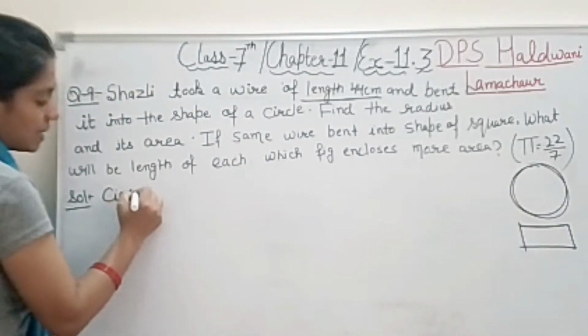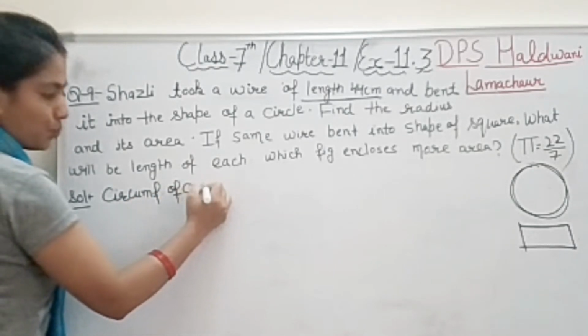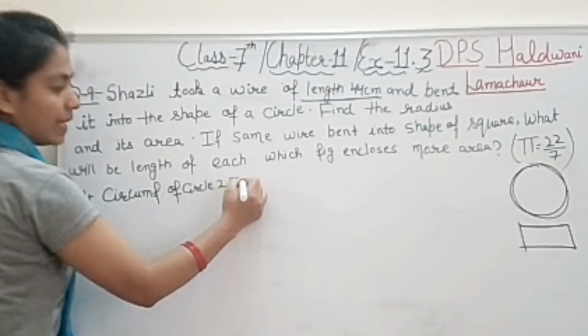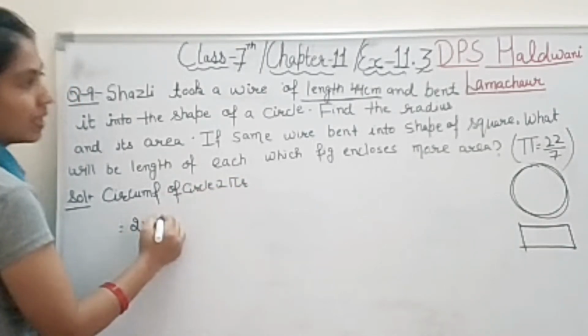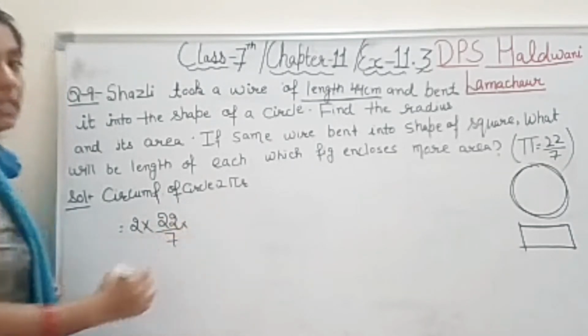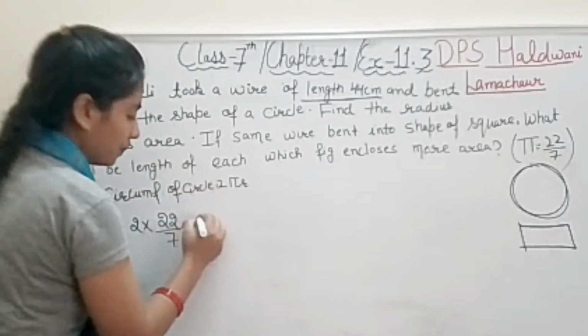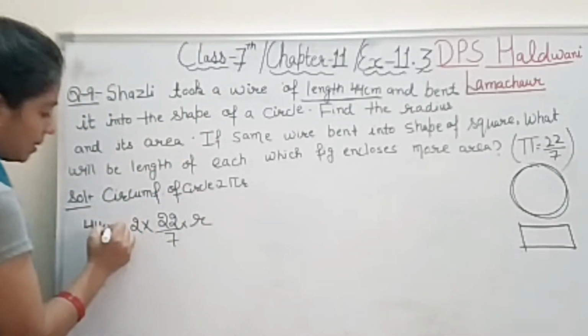As we know, the circumference of a circle is 2 pi r. So pi value is given to you, 22 by 7, and r. What is r? We don't know. The circumference we know, that is 44 centimeter.